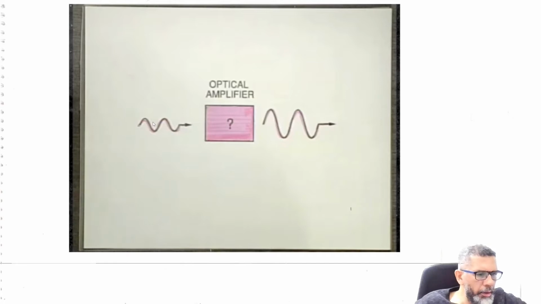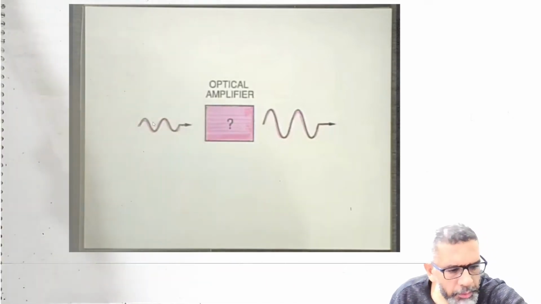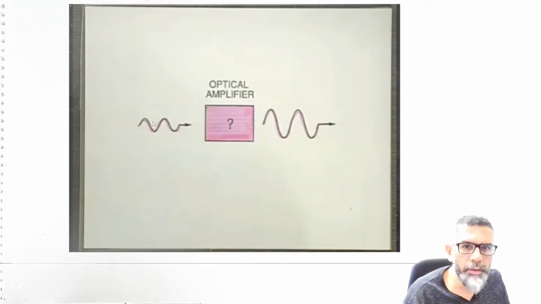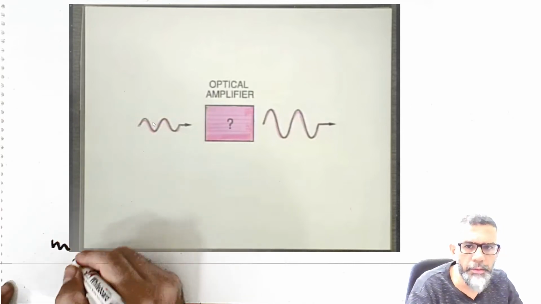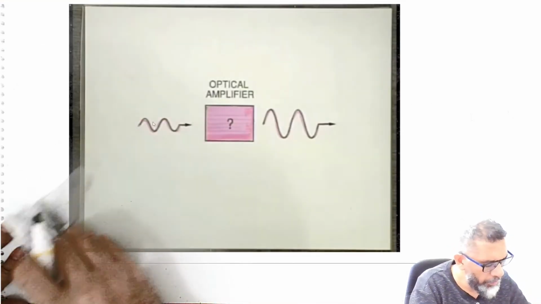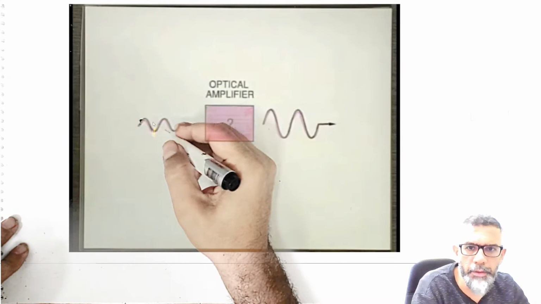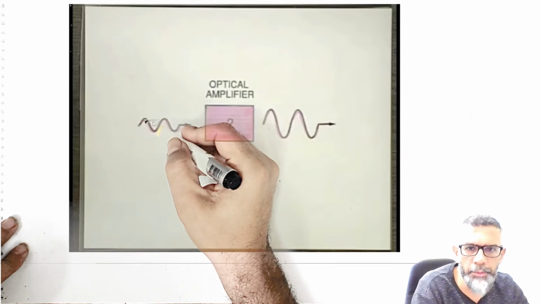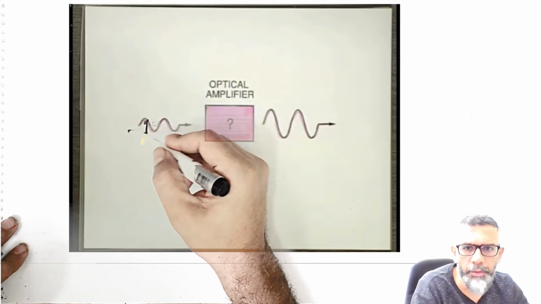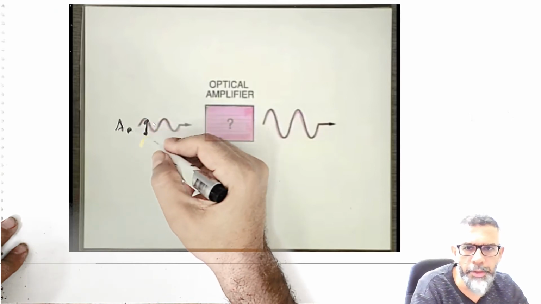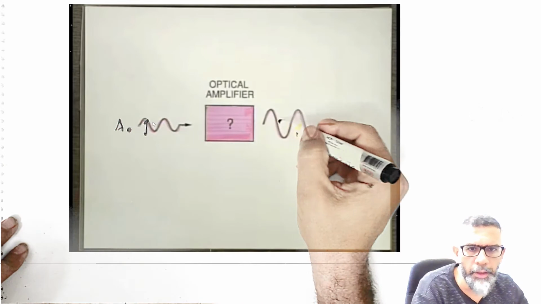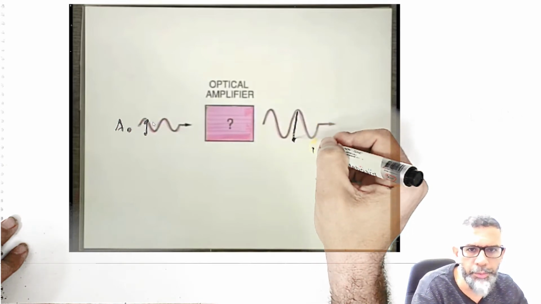Let me grab a board marker. Okay. So this is from maximum to minimum. This is just the amplitude. We call this amplitude A0, let's say, the amplitude of the input light, and then this is the amplitude of the output light.